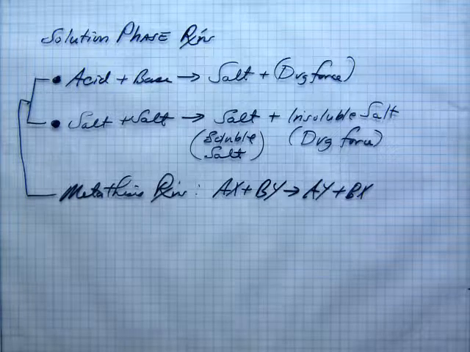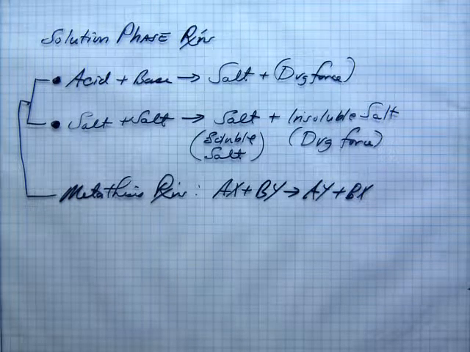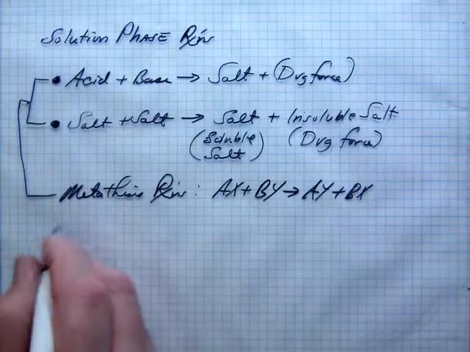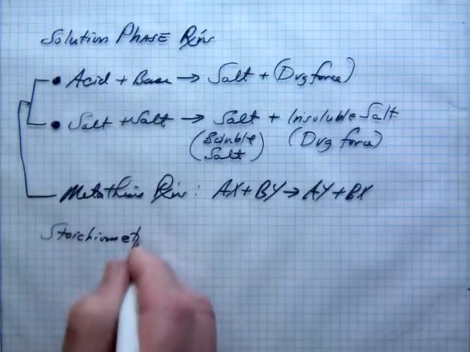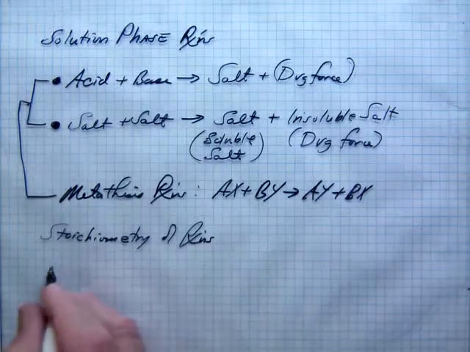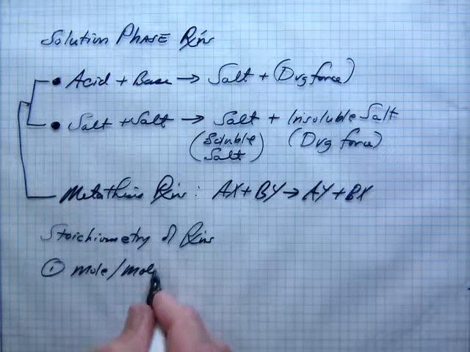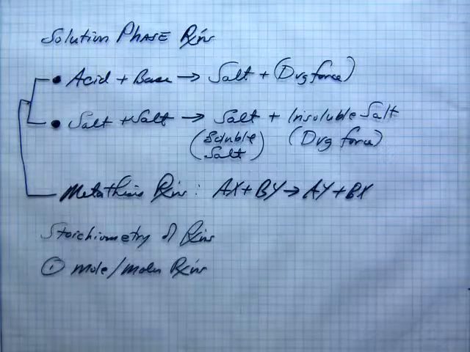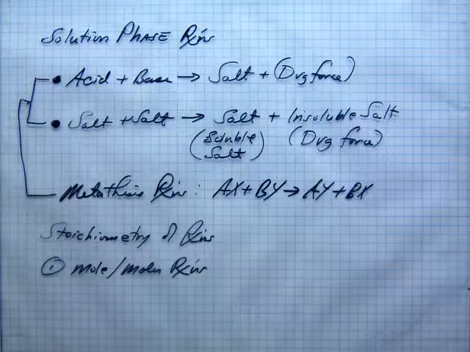Now, what kind of problems have we worked, what topics have we covered in reaction problems, stoichiometry? Well, we've looked at mole reactions in which we calculate given moles, and we have to calculate a yield in moles.